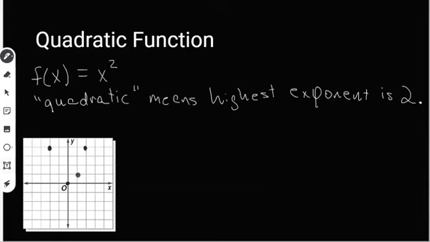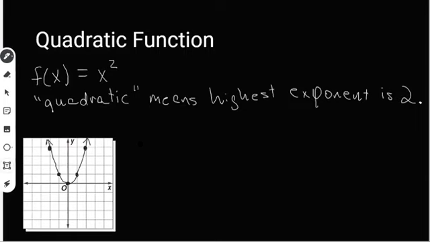And then I'm going to have a point at 1, 1 and -1, 1. The other points are off the screen, but basically you try to connect the dots as best as you can and as smoothly as you can. Put arrows on the ends, and you're done. That's the quadratic function. And that's all there is to it.